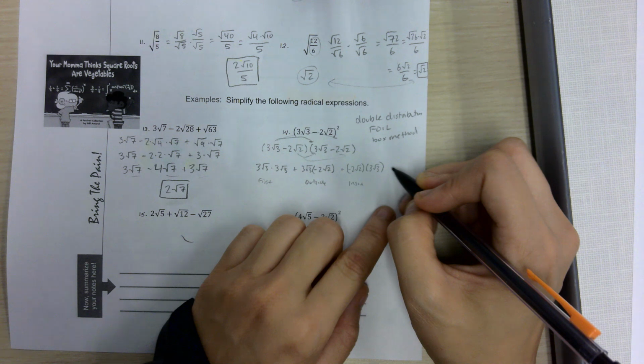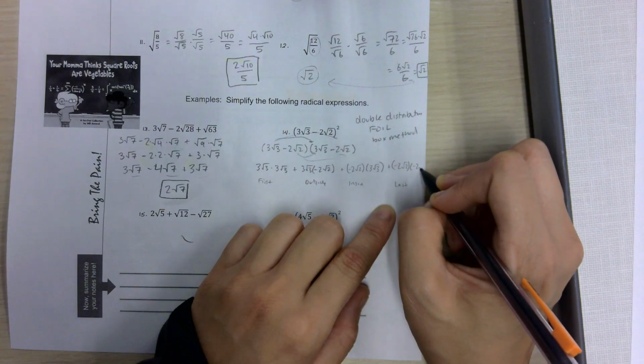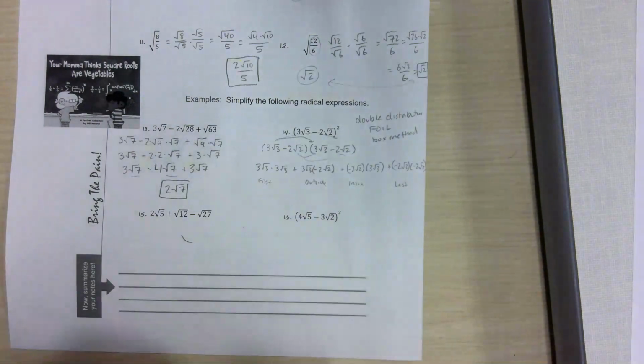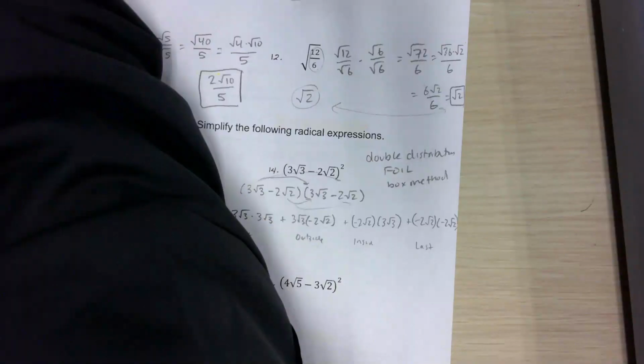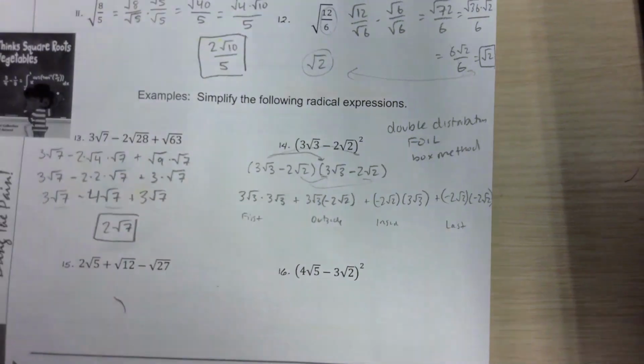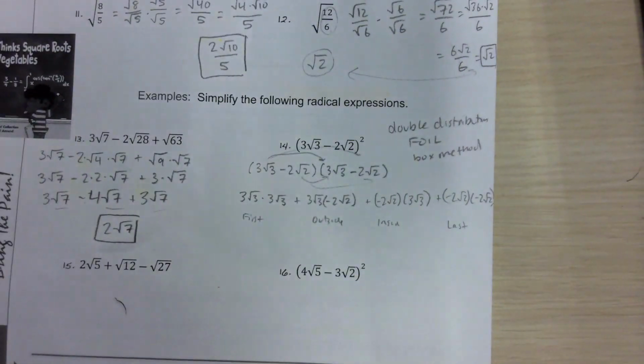Plus last, negative 2 root 2 times negative 2 root 2. So you always want to be careful with the signs. You might have noticed that I paused a little bit for some of these, but you want to be careful always. Okay, try and zoom in since I'm writing pretty small.